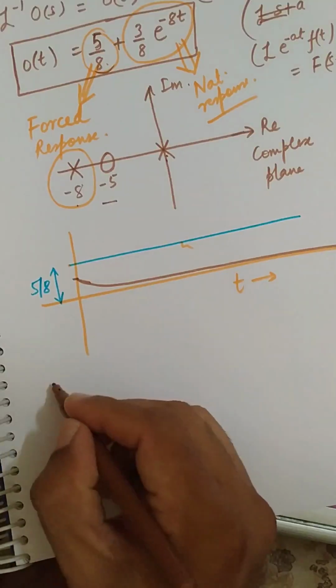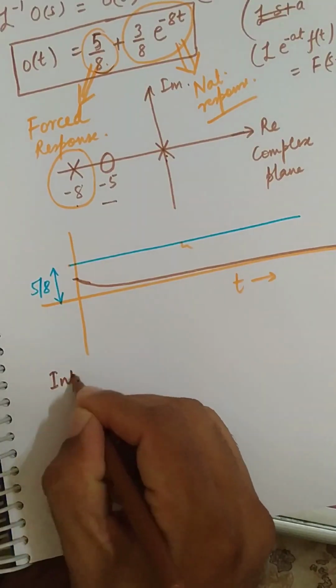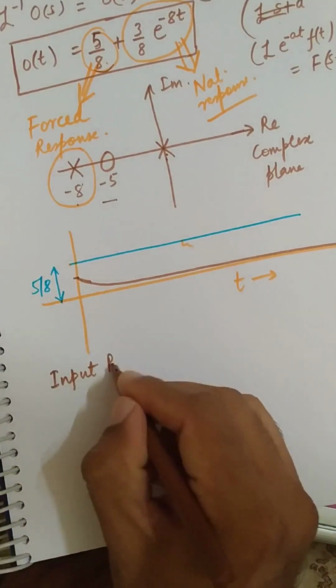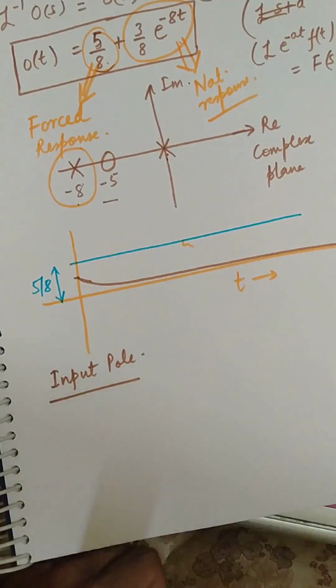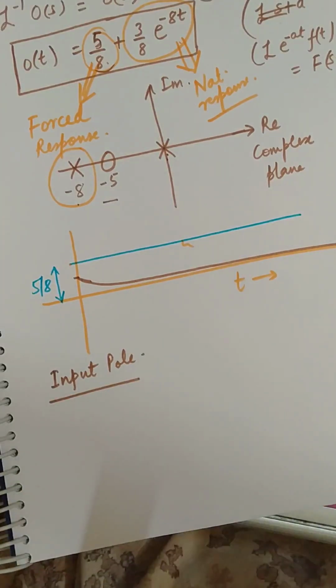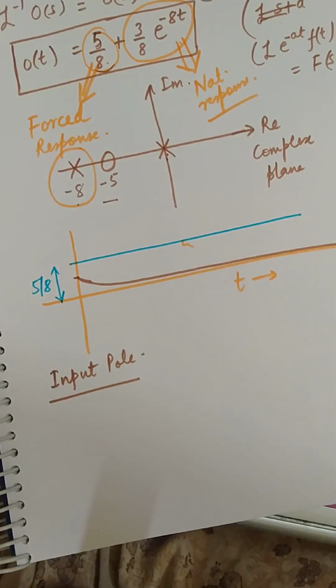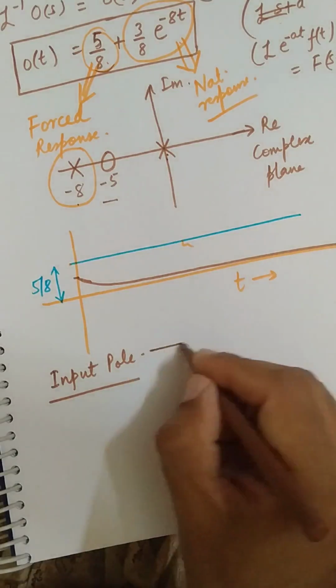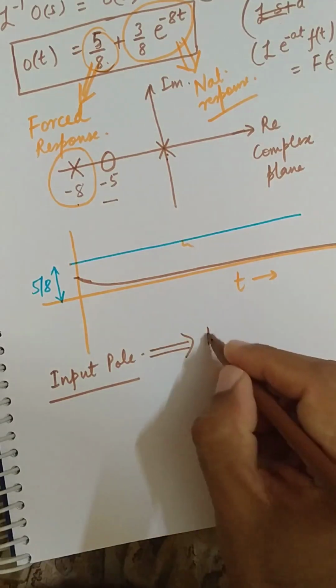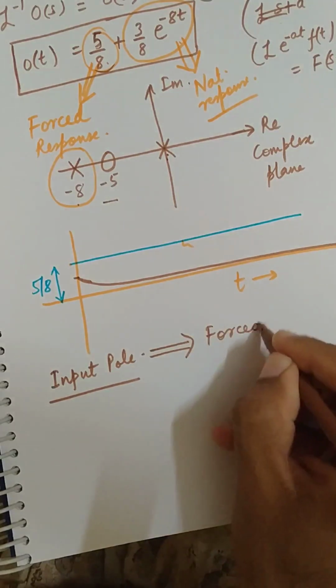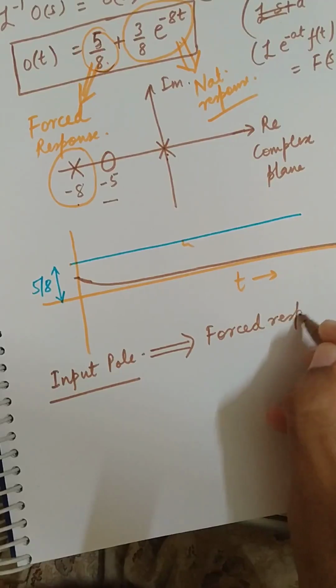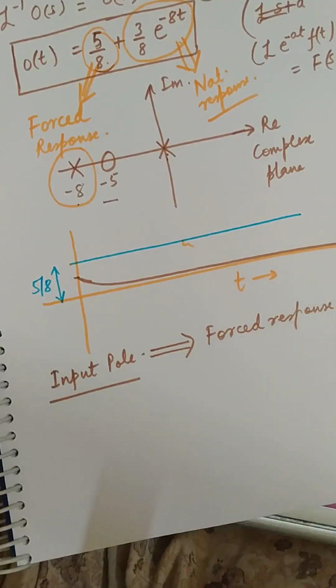So the input pole, or the pole due to the input, which was the unit step here, they usually generate the forced response, right? Okay.